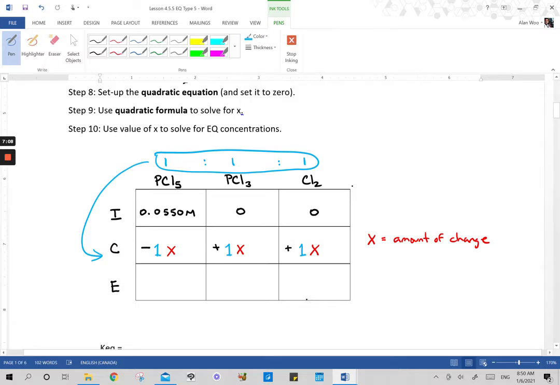So when we look at what our equilibrium concentrations would be, PCl5 would be 0.0550 minus X. 0 plus 1X gives you X. 0 plus 1X also gives you X. So the equilibrium concentrations for PCl3 and Cl2 are both X's. PCl5 is 0.0550 minus X.